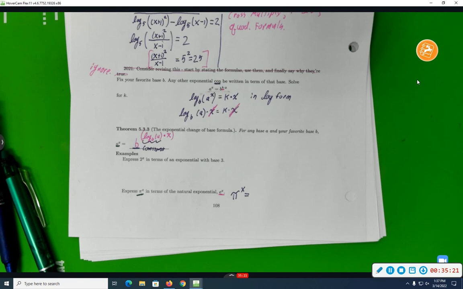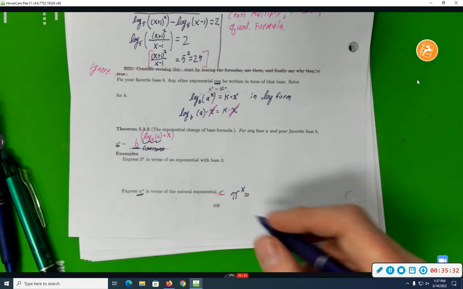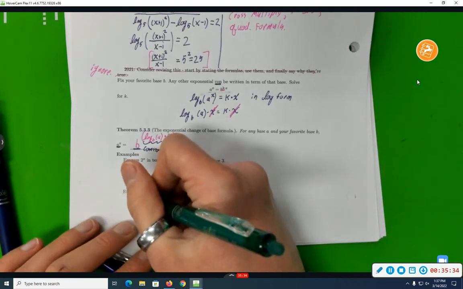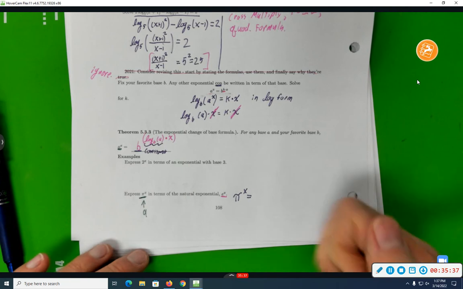Oh, cool. So what should I set? What should I use as a? What should I use as b? Nice. Okay. That means pi to the x is equal to. So here's a.